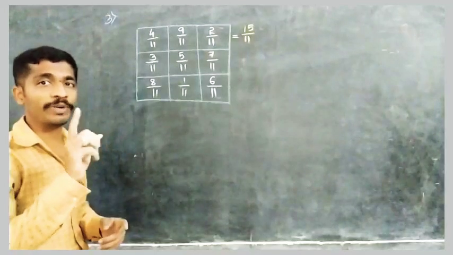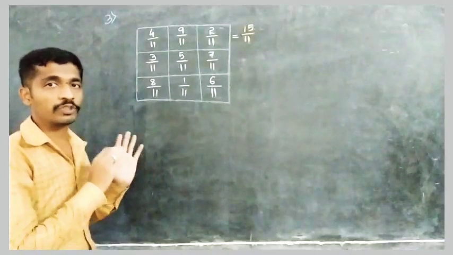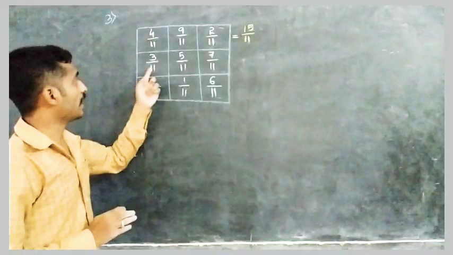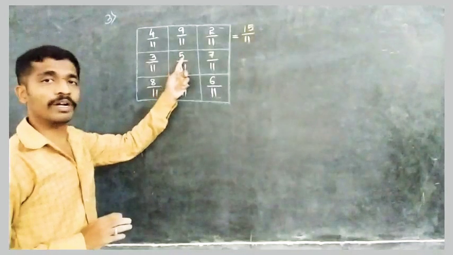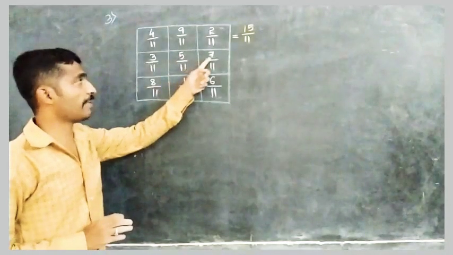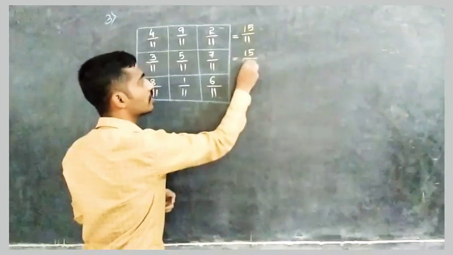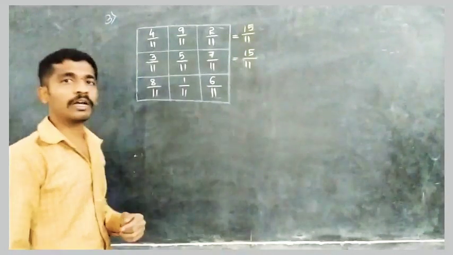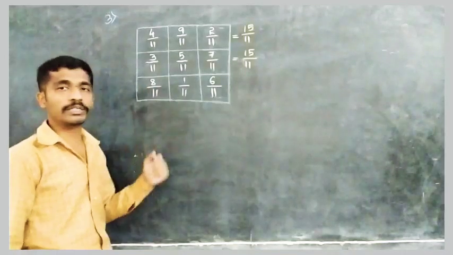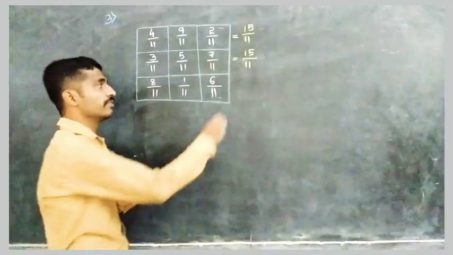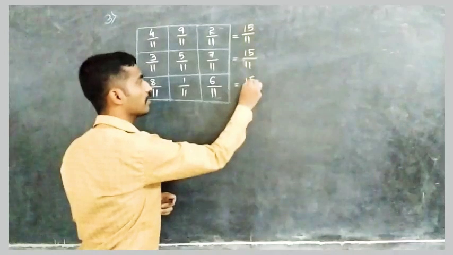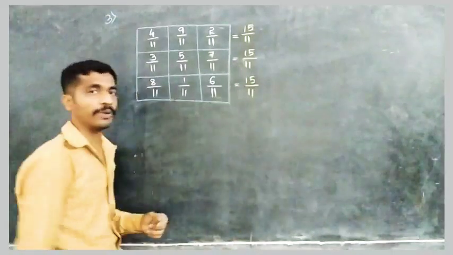Okay, don't add denominators. The denominator should be the same. Next, 3 plus 5, 8, 8 plus 7, 15. So the sum of the second row is also 15 by 11. Now 8 plus 1, 9, 9 plus 6, 15. So here also we got 15 by 11.